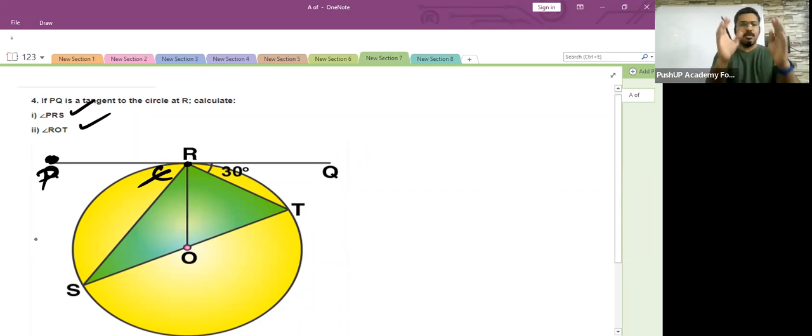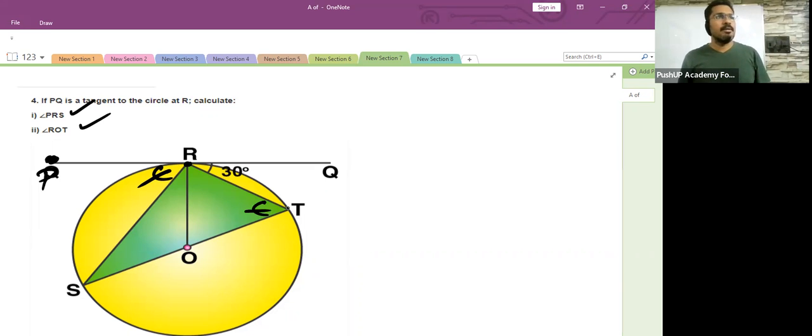So you must have told yourself that PR is the angle formed between the chord RS and the tangent PR, isn't it? And if you want to get that answer, you need to first find this angle, because angle RTS is the angle subtended by chord RS on the circumference of the circle. Right? Milan, my next question.